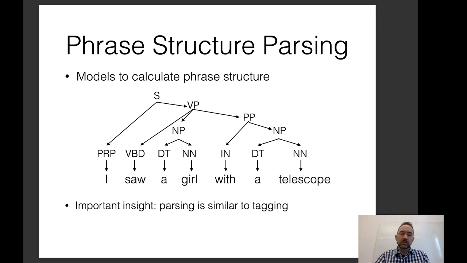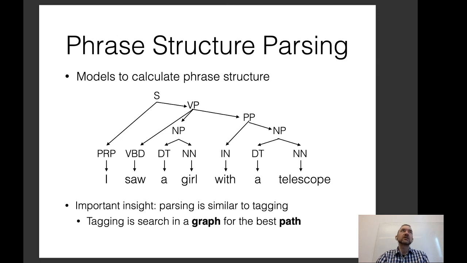So an important insight here is that parsing to these trees is similar to the CRF-based search algorithms that we used in a couple lectures ago.